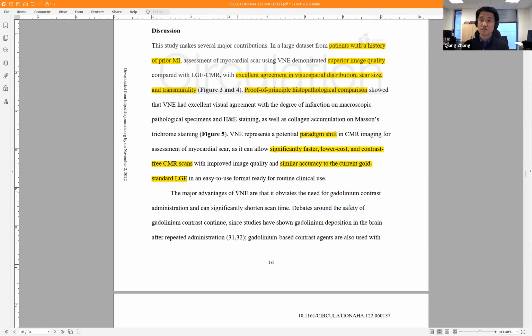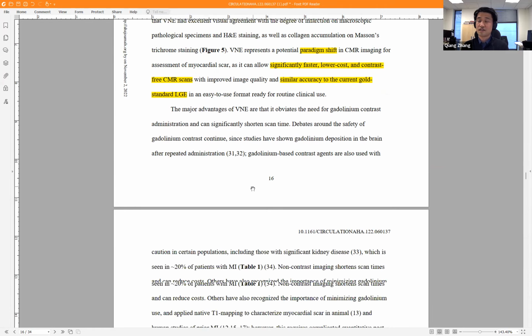And we believe VNE represents a potential paradigm shift in CMR imaging for assessment of myocardial infarction scar, as it can allow significantly faster, lower cost, and contrast-free CMR scans with improved image quality, and has similar accuracy to the current gold standard LGE.